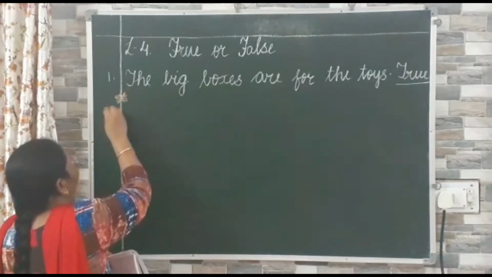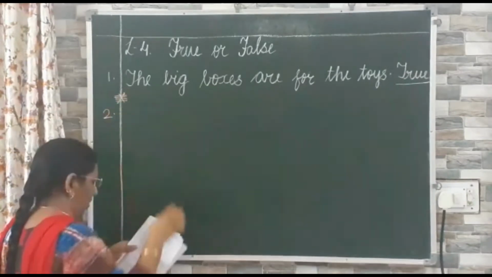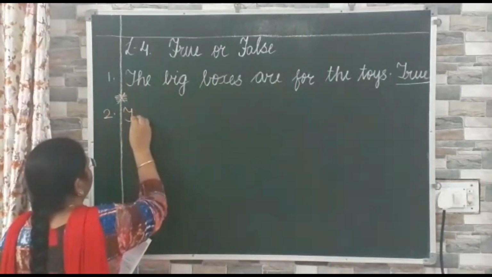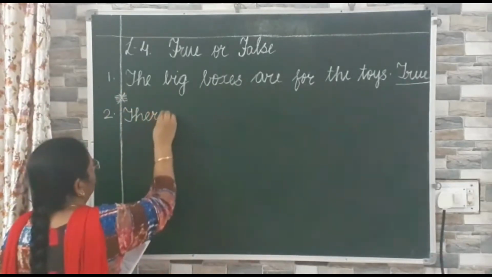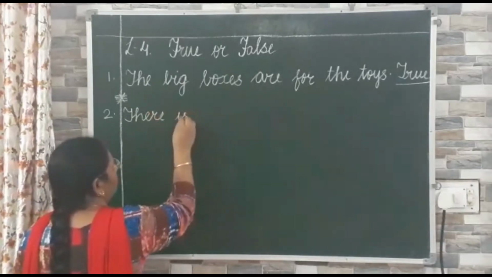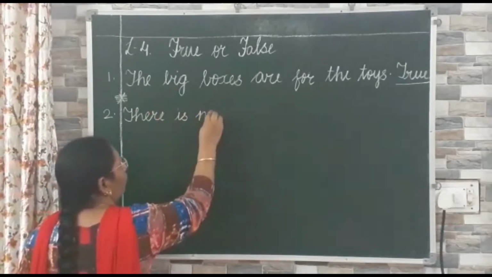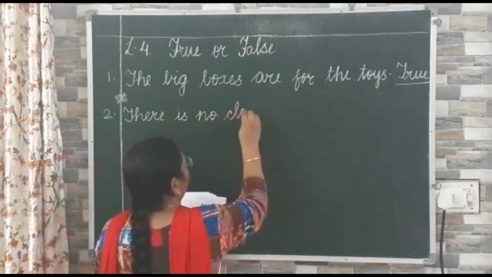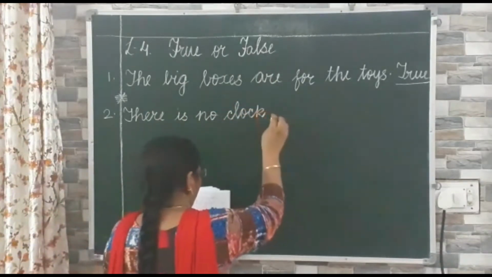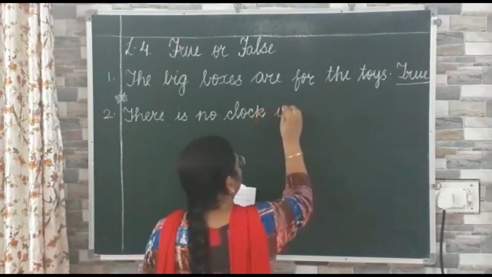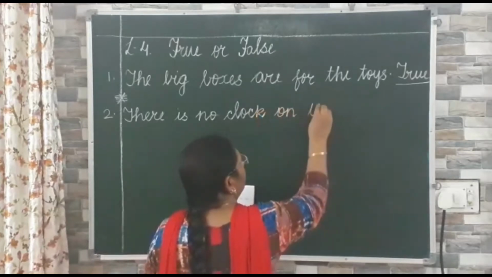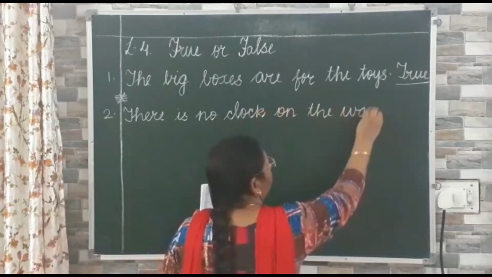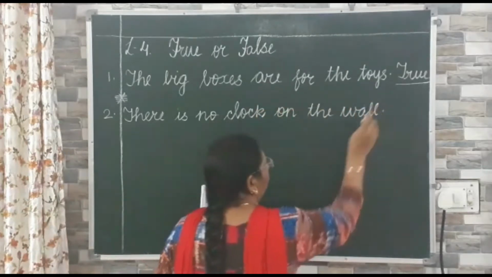and write down number 2. And number 2 is: there is no clock on the wall.